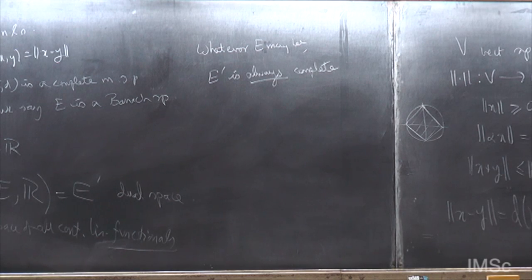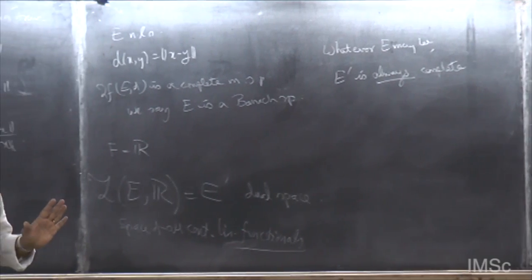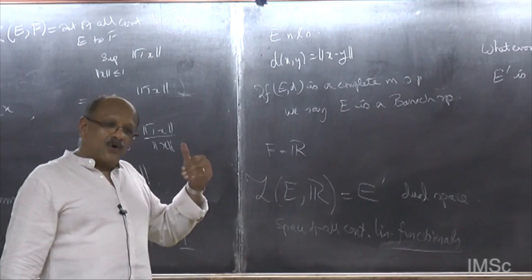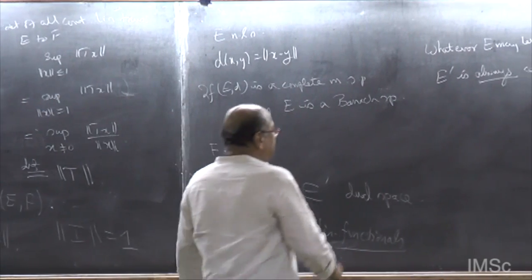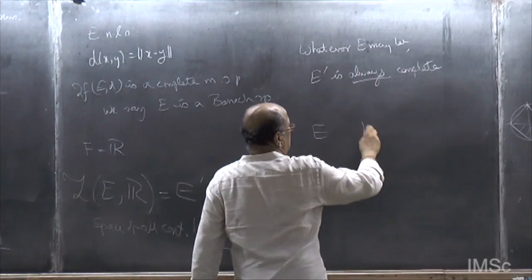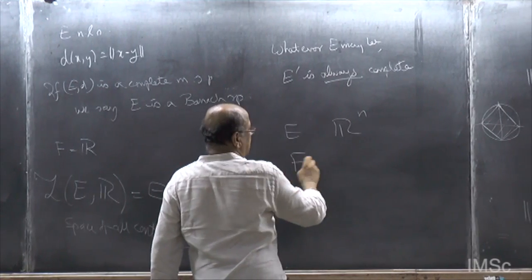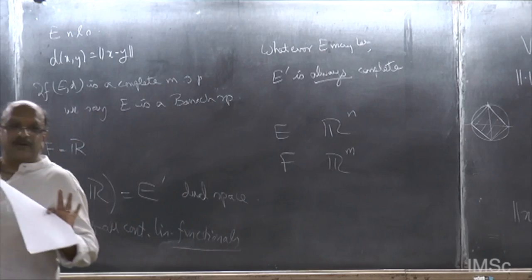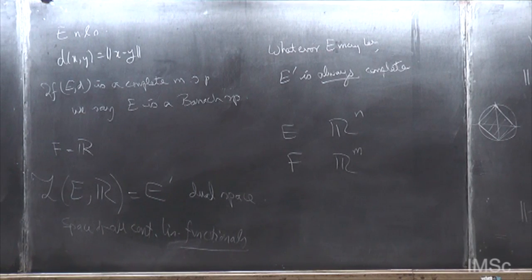Okay. So, this is more or less all that I am going to assume. If you are still uncomfortable, do not worry about all this. Whenever I say E, think of Rn. Whenever I say F, think of Rm. Then every linear transformation is automatically continuous, and so you do not have to worry about whatever I say.